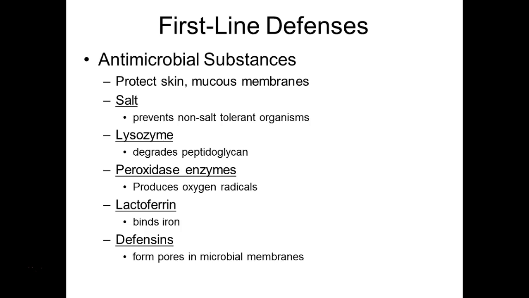Lactoferrin, so again, ferrin in the name, binds iron, but this is the form that's in our tears, in our saliva, in our mucus, that we actually secrete, and that's why it's referred to as lacto, because it's actually leaving our body. And again, the purpose here is to keep iron away from the microorganisms. Women even produce it in their breast milk.